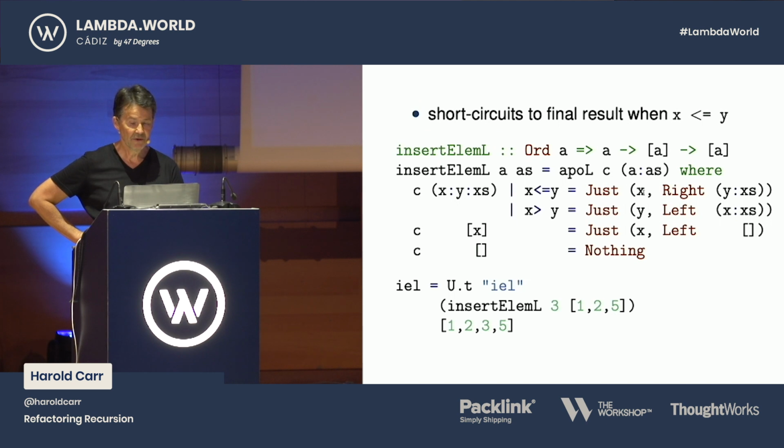It says, okay, return the x, return the y cons onto the rest of the list, and you're done. If x is greater than y, then continue looking for where to put it in the list. And when there's only one element, just continue, so it'll end up in the base case, which is nothing, and then you get the tail end of the list.